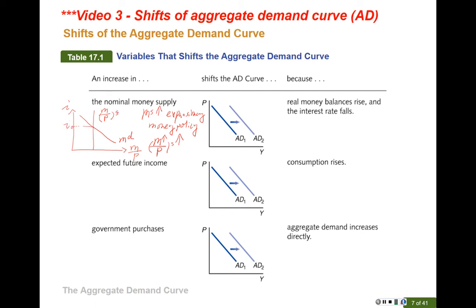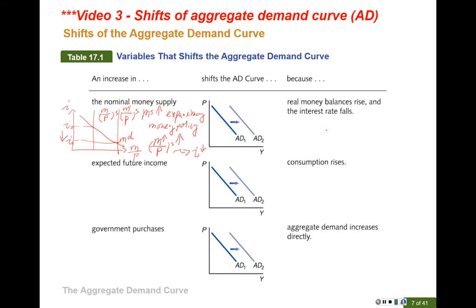Because the real money supply increased, the whole money supply curve M prime over P will shift to the right. As a result, the equilibrium interest rate will go down. So an increase in the nominal money supply indicates the interest rate goes down.